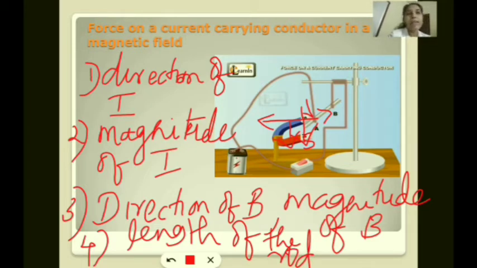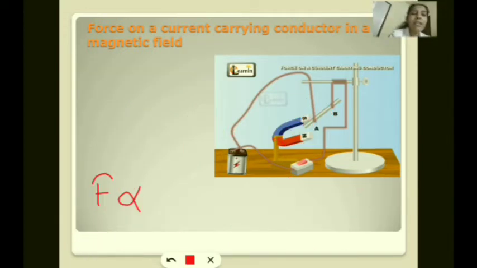So which are the factors? Magnitude and direction of current. Similarly, the magnitude and direction of magnetic field, and yes, the length of the rod. We can consolidate all these factors in this equation. Force acting on a current carrying conductor is directly proportional to current, because when current is increased, force is increased.